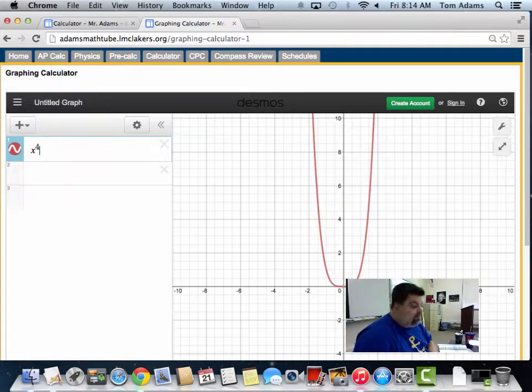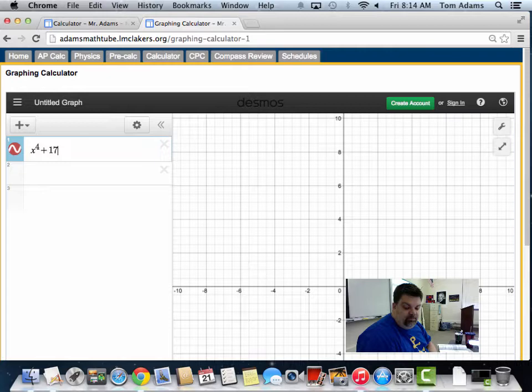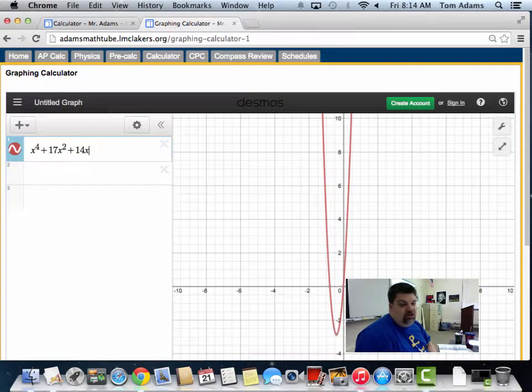Now watch out what happens as I add each term. When I say plus 17x squared, see how it changes the graph a little bit? Then when I say plus 14x, changes it a little more, makes it kind of look like a parabola.